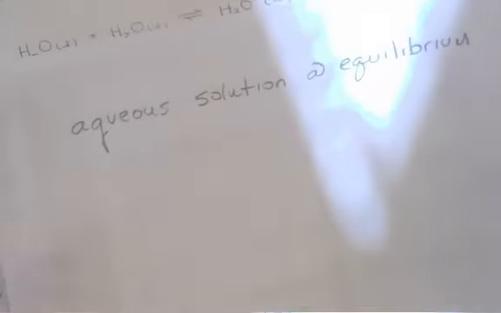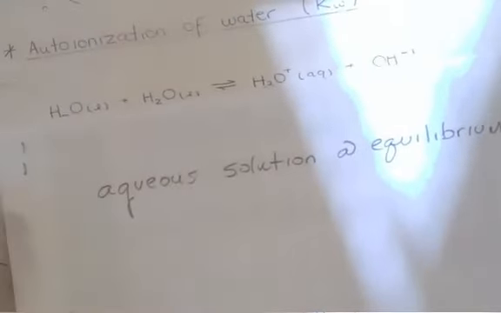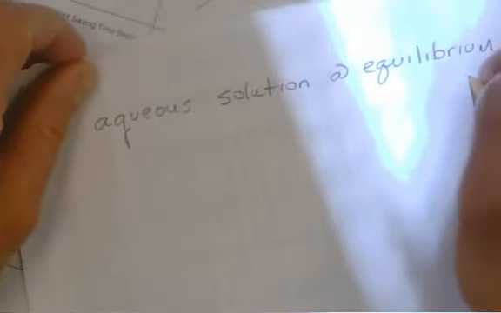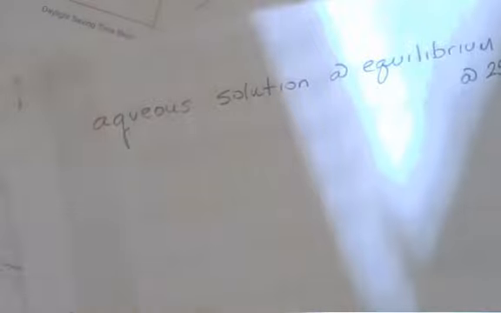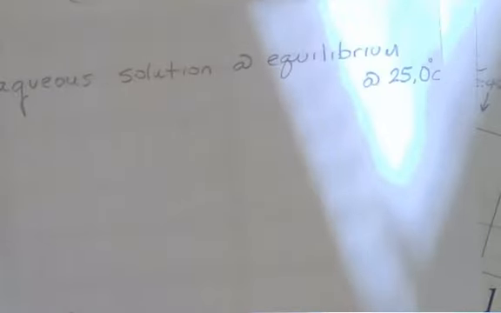And I better make it at 25 degrees so that we can use the 14 number, not have to look up what Kw is at a different temperature. So at 25 degrees Celsius, I have an aqueous solution.